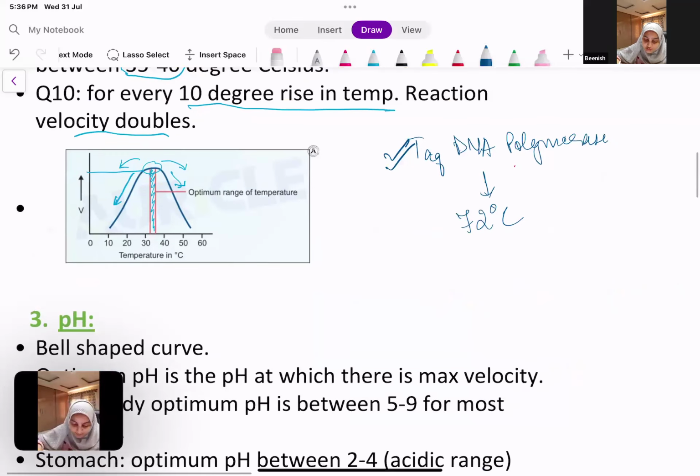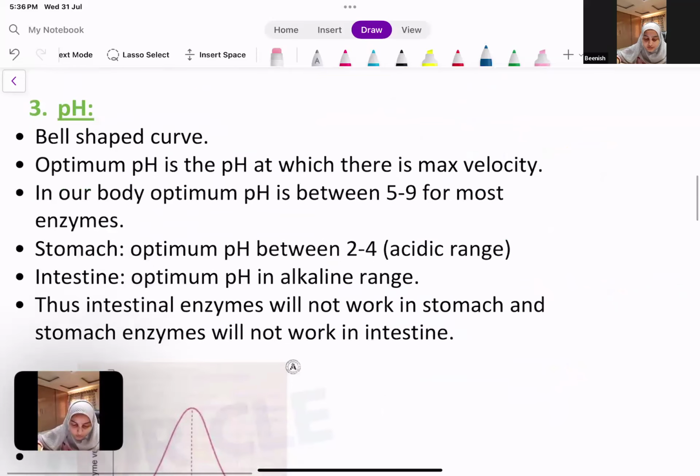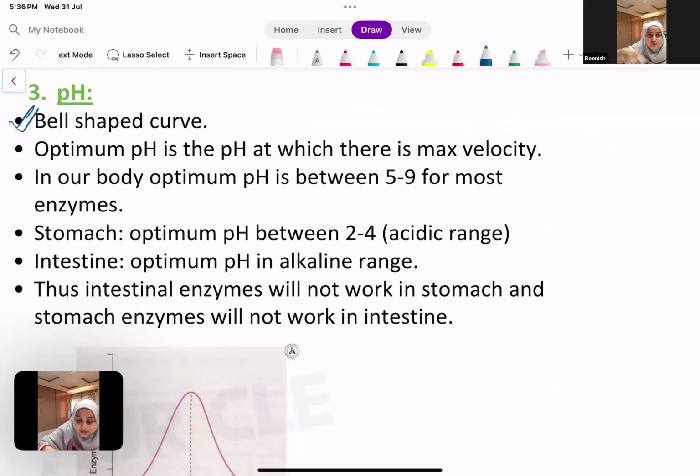Now talking about the pH, again a bell-shaped curve is shown, very similar to the effects of temperature. That is, there's an optimum pH where the enzyme is going to have maximum velocity, and above or below that optimum pH, the reaction velocity is going to decrease. So the optimum pH is the pH at which there is maximum velocity.